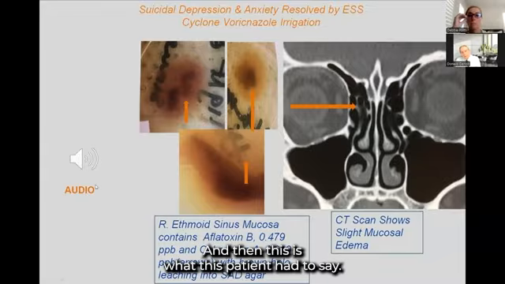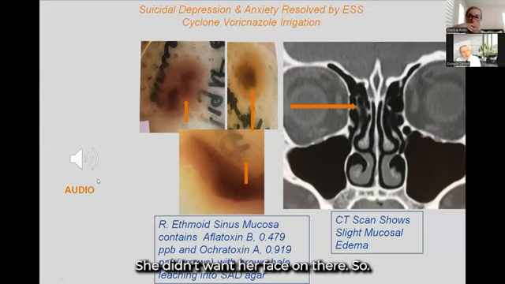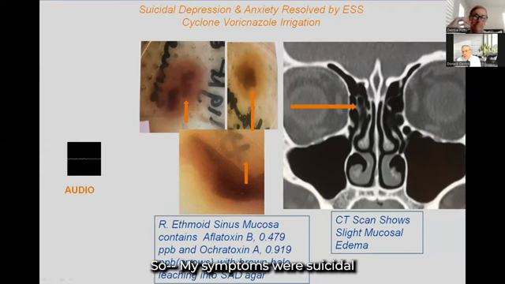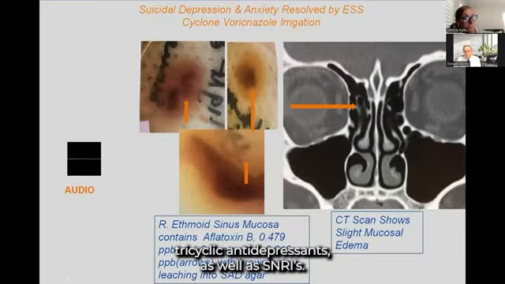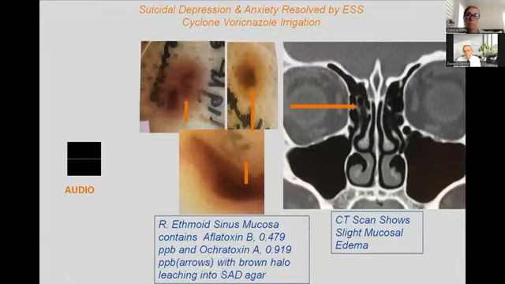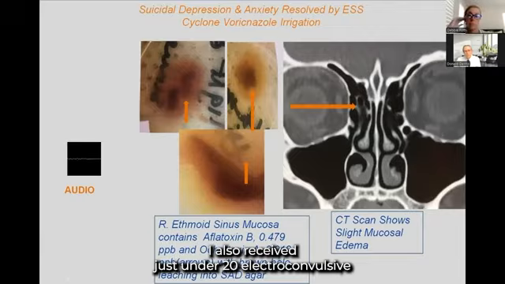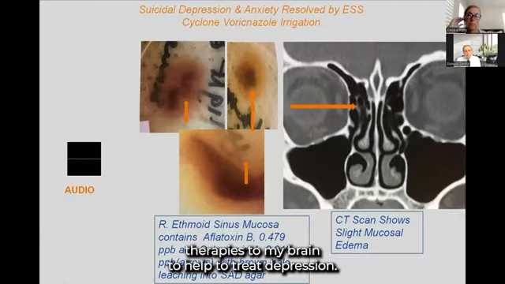And then this is what this patient had to say. She didn't want her face on there. My symptoms were suicidal depression as well as anxiety. My treatment was numerous SSRIs, tricyclic antidepressants, as well as SNRIs. I also received just under 20 electroconvulsive therapies to my brain to help treat depression.